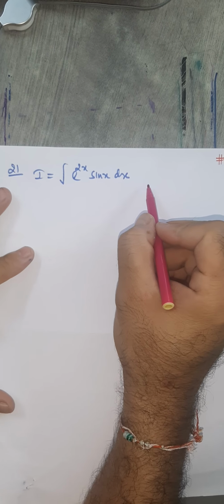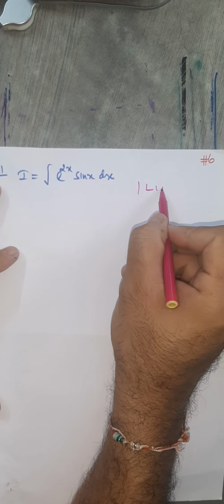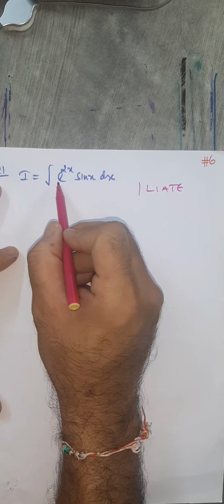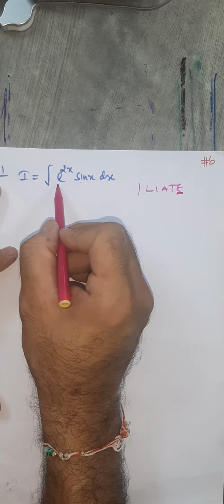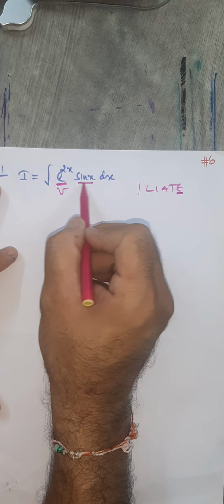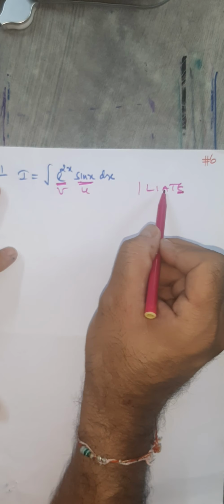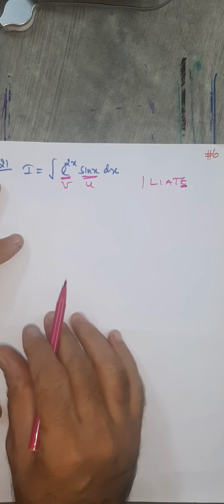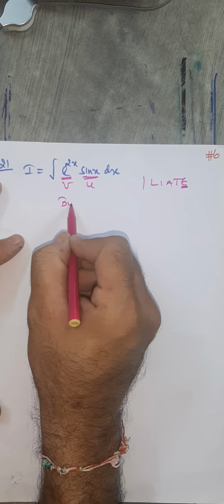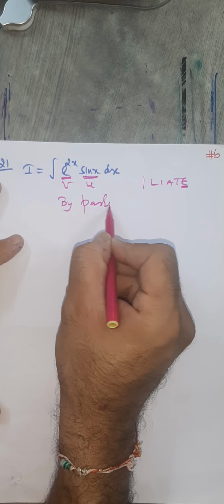Now you just recall the combination of exponential and trigo. Exponential is always the last function, so this has to be v and this has to be u. You see, trigo comes first, then exponential. Okay, so now by parts we'll do integration.